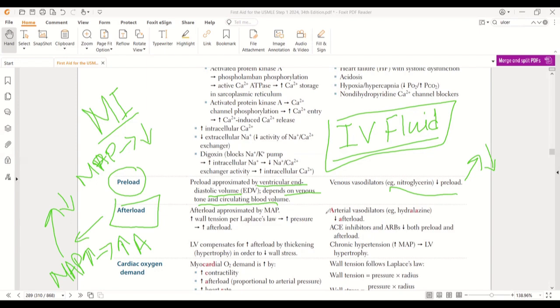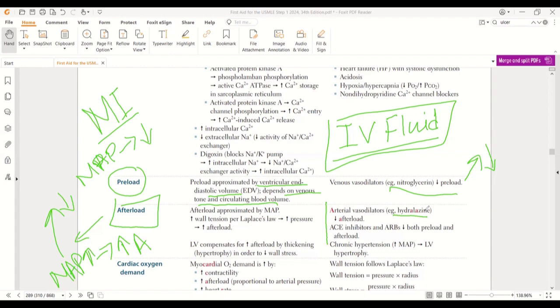Now you have to remember these drugs. Hydralazine decreases afterload because it is an arterial vasodilator. Nitroglycerin mainly affects the veins, though it has some effect on the arteries as well.